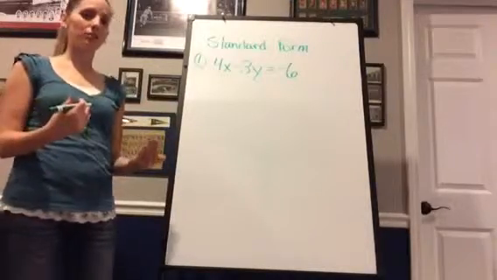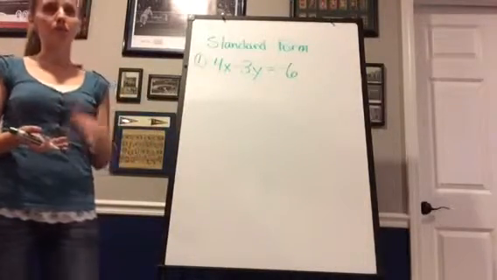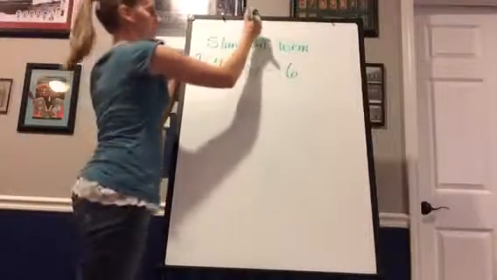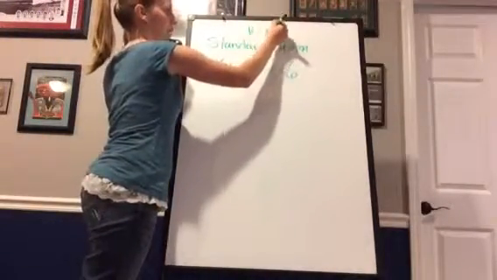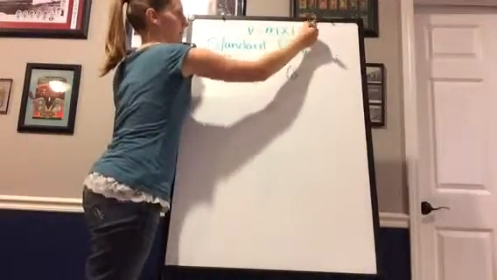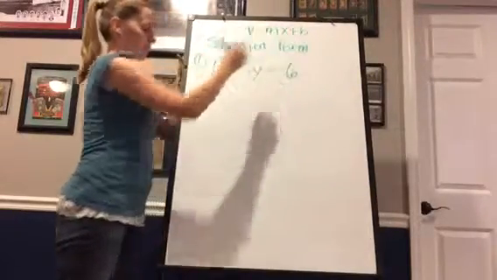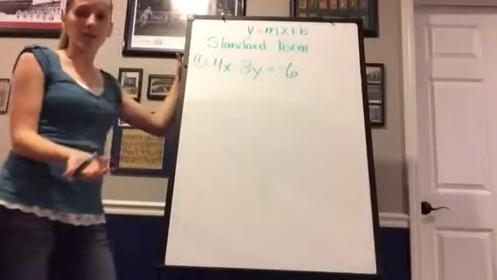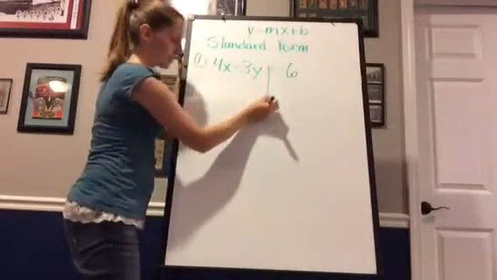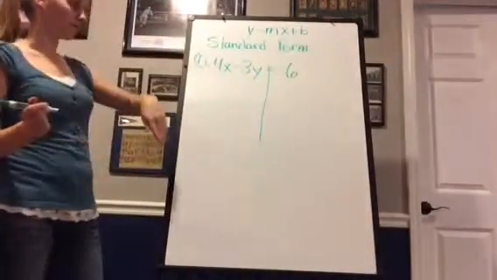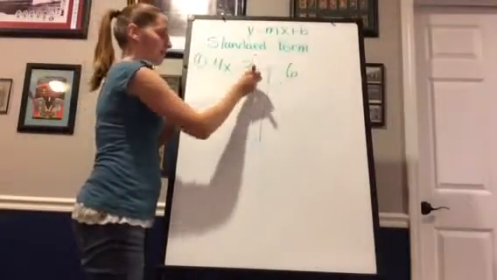So we need to put it into slope-intercept form. And remember, slope-intercept form is y equals mx plus b. And when it's in that form, m is the slope, b is the y-intercept. So what I need to do is solve this for y. So I'm going to draw a line through my equal sign, and I'm going to solve for y. I want to get y by itself.